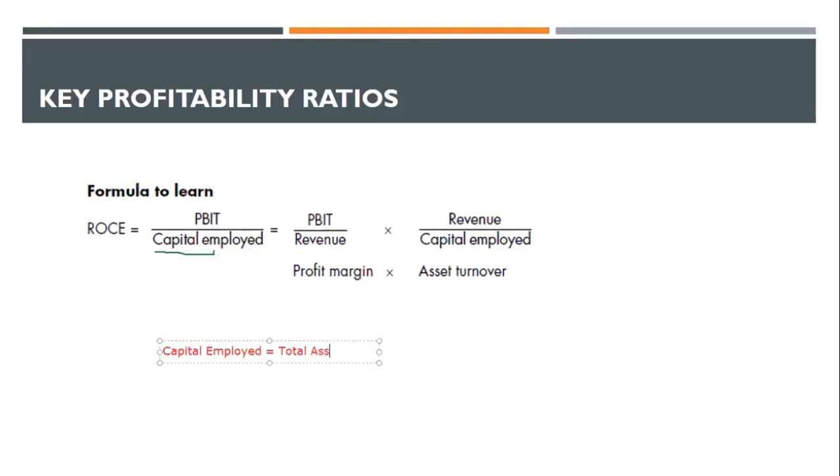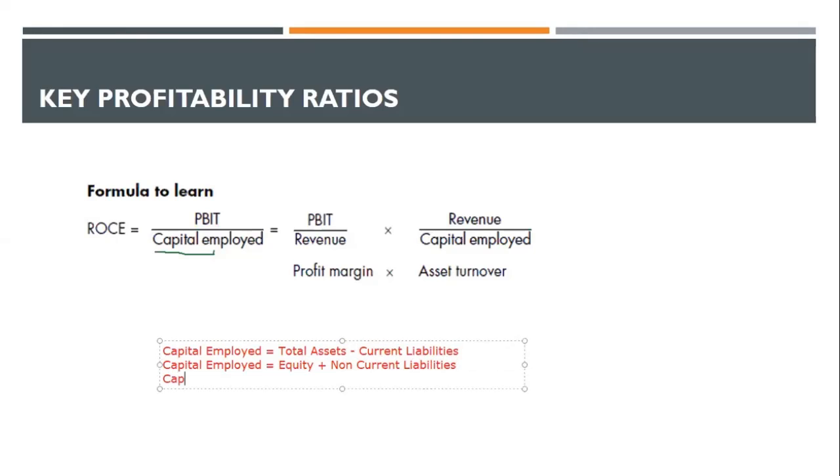What happened? You got confused? Minus current liabilities. So could it be said also like it's equity plus non-current liabilities? Yeah, I'm writing down. Different ways, because sometimes they give you data like this.